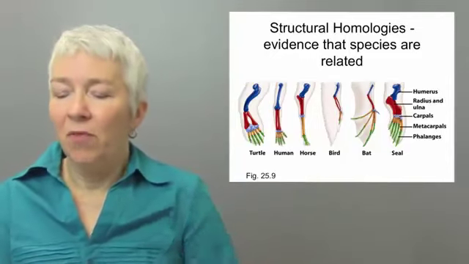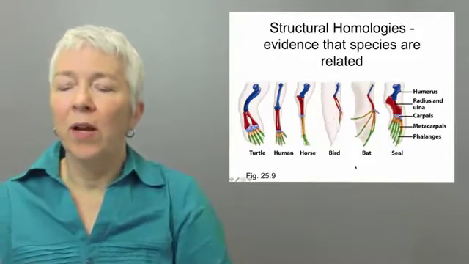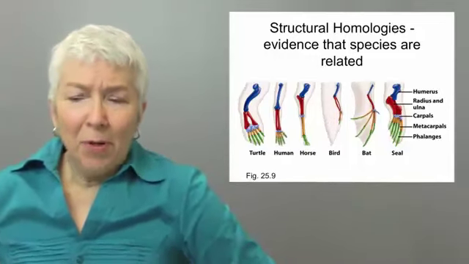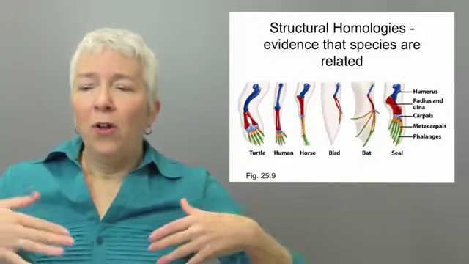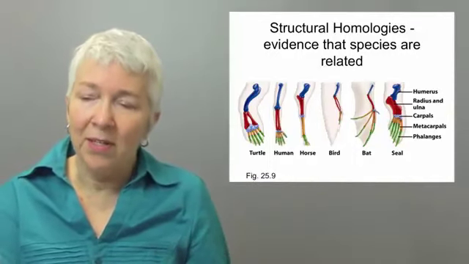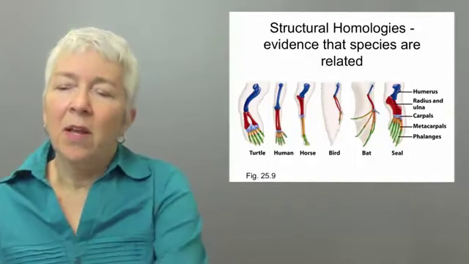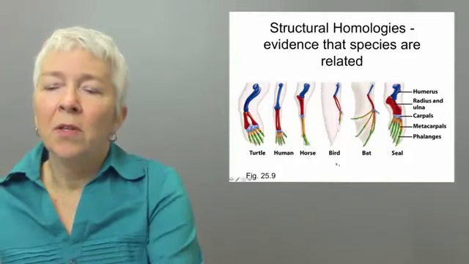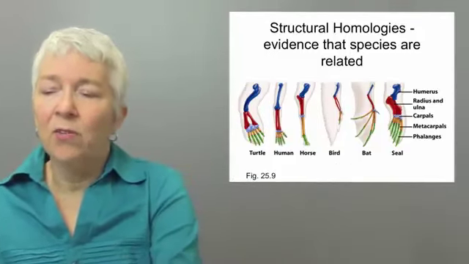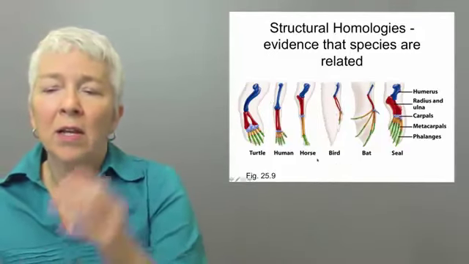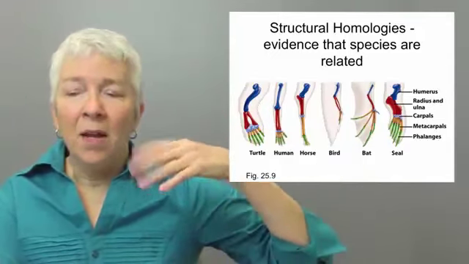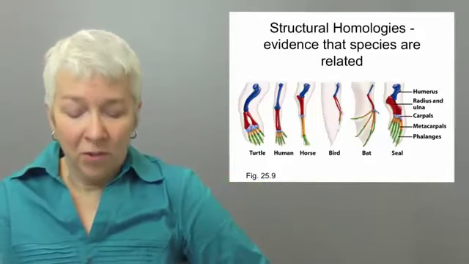So, for example, if you look at figure 25.9 from the book, which is shown in front of you right now, although the limbs of turtles and humans and horses and birds and bats and seals all are used in very different ways and have many different characteristics, there are certain similarities between these different limbs which are interpreted as resulting from the shared ancestry, namely that all of these limbs are variations on a theme that have evolved from a common ancestor of all of these groups.